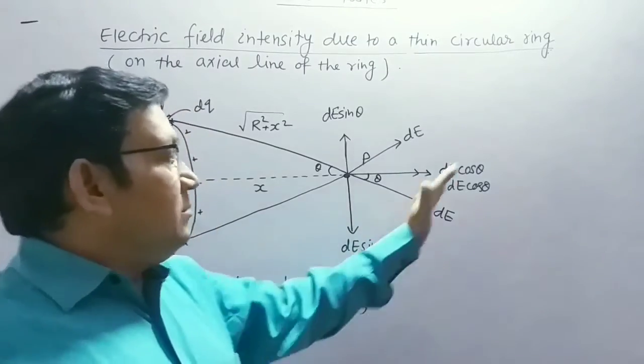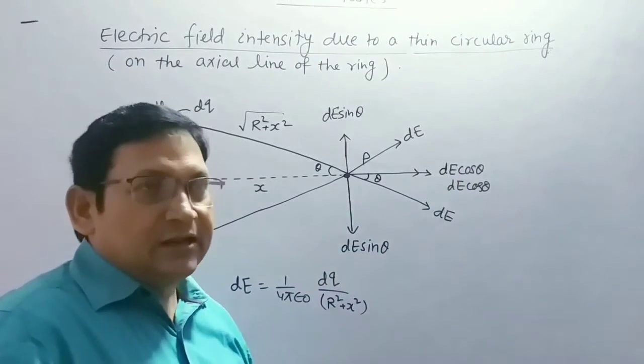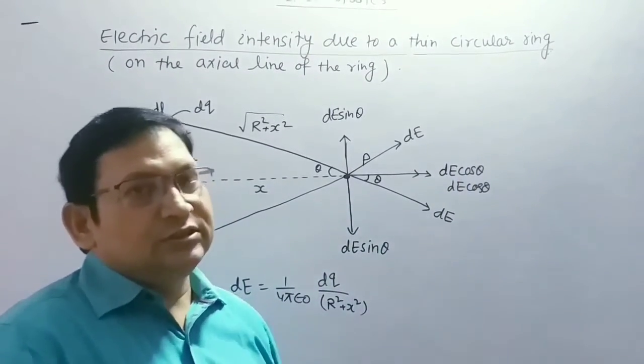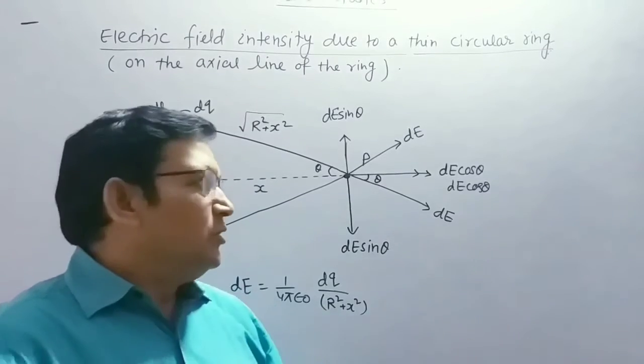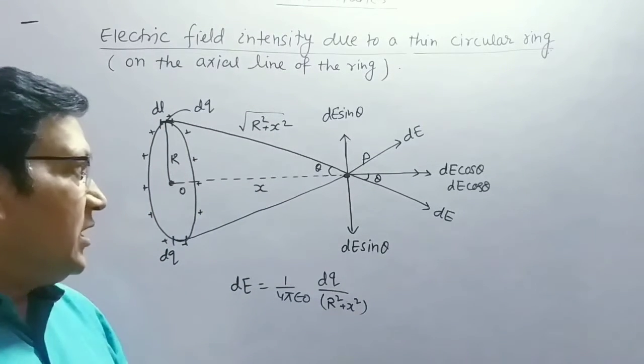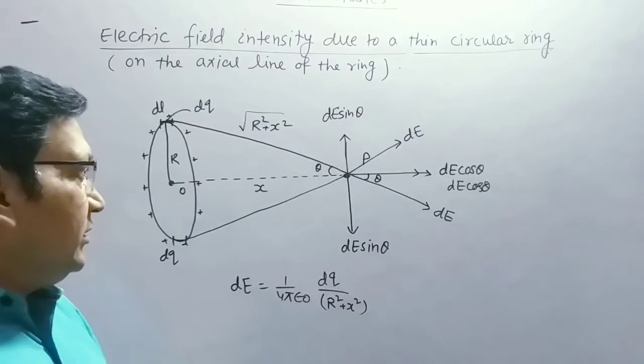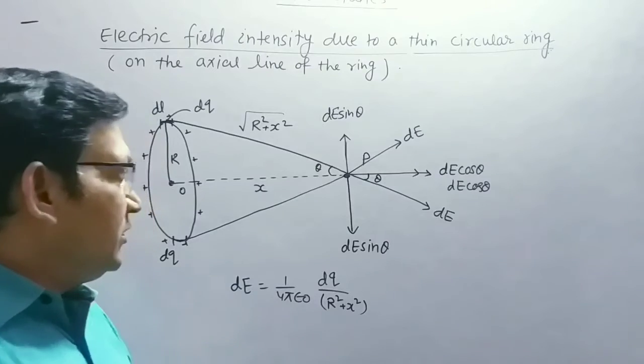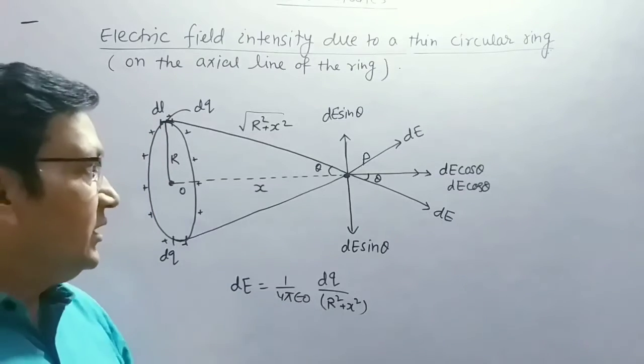So we have many components along the horizontal direction like dE1 cos theta, dE2 cos theta, dE3, dE4 and so on. The meaning of this is that the net electric field on the axial line of the ring is only along the horizontal direction.